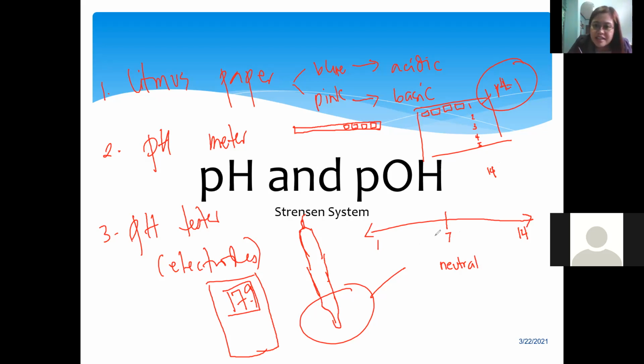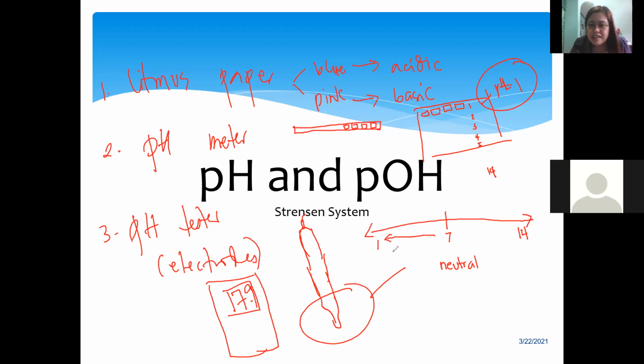But if it's less than 7, class, it's acidic. So again, your solution here is acidic if the pH is less than 7. And the other way around, if it's more than 7, so it's up to 14 plus, your solution here is basic.